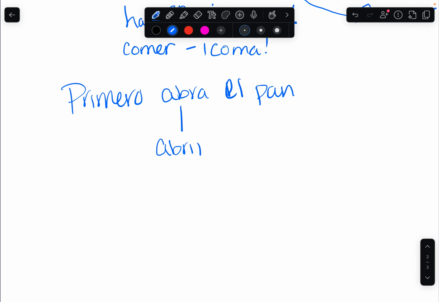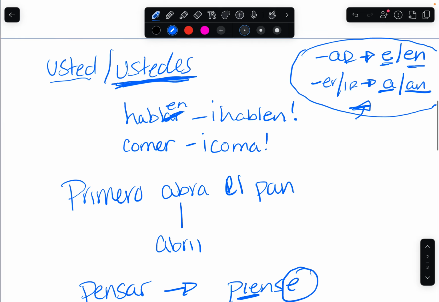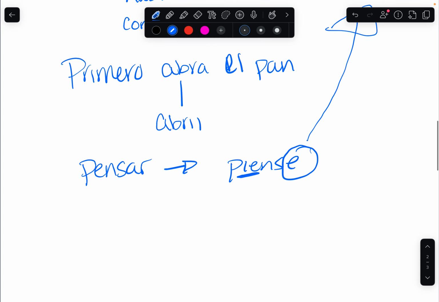You have to remember that you have stem changing verbs like pensar, that changes to piense. This is the stem changing part. This part changes according to the rule, which is something that you can learn. But you have words like pensar, volver, and pedir, which are stem changers.